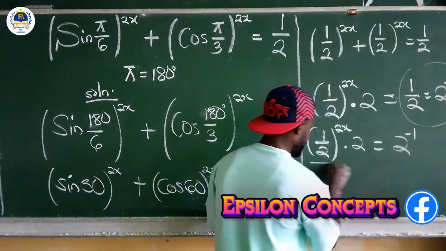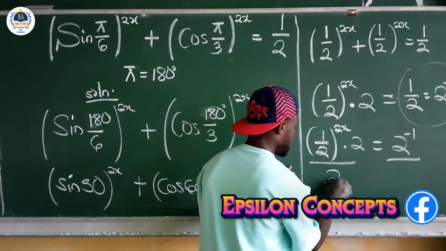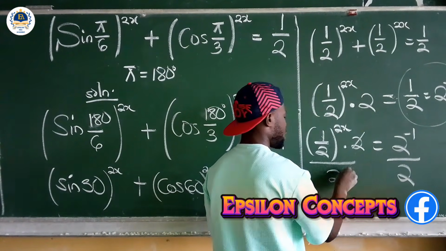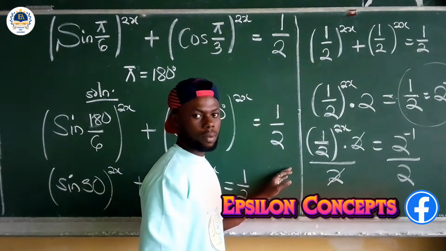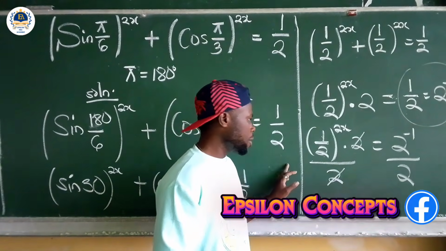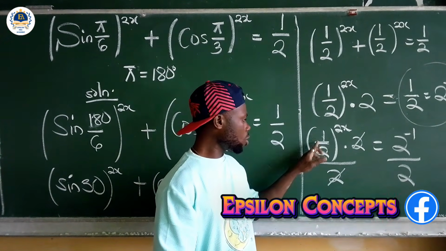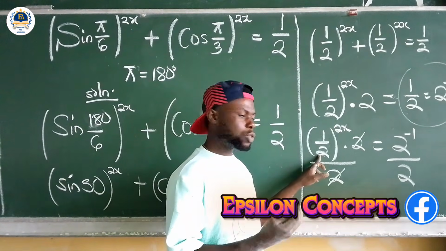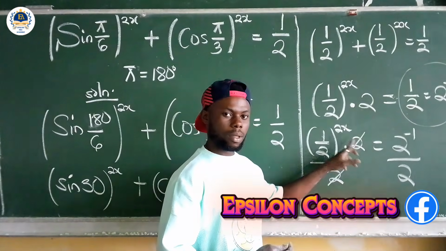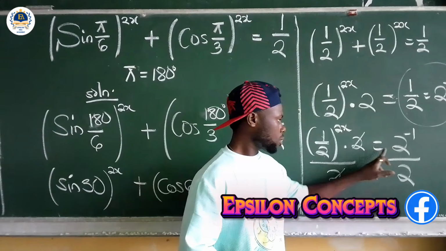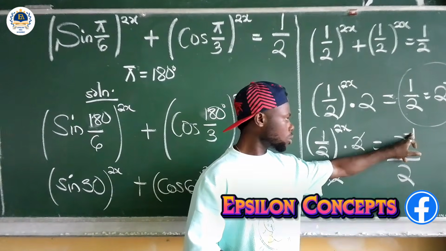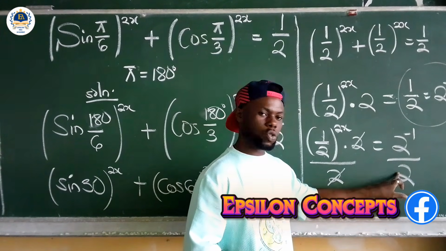So if I divide this and this by 2, 2 cancels 2. We are left with, in parentheses, 1 over 2 raised to the power of 2x, which is equivalent to 2 raised to the power of minus 1 divided by 2.